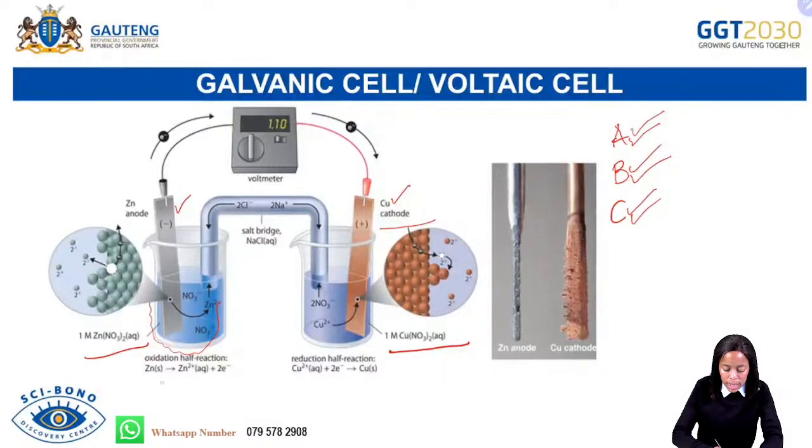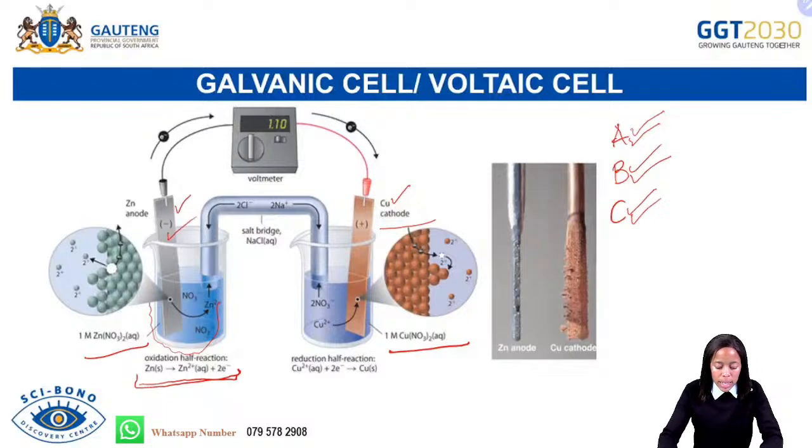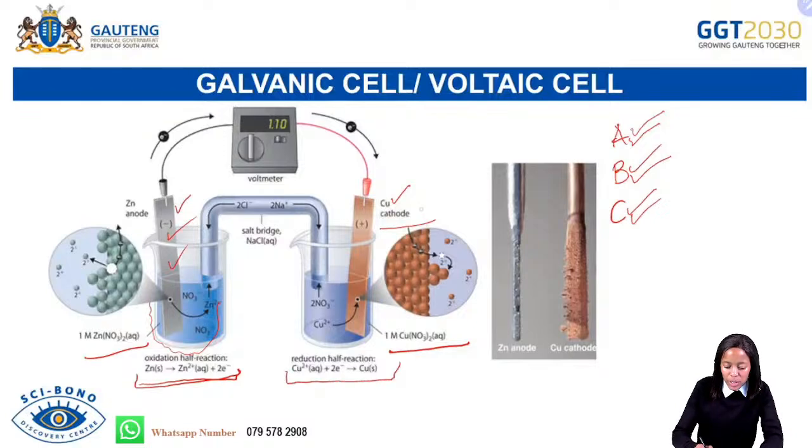Then we discussed the oxidation half reaction, which is going to occur at the anode, because the anode is the electrode where oxidation takes place. The reduction half reaction is going to occur at the cathode.